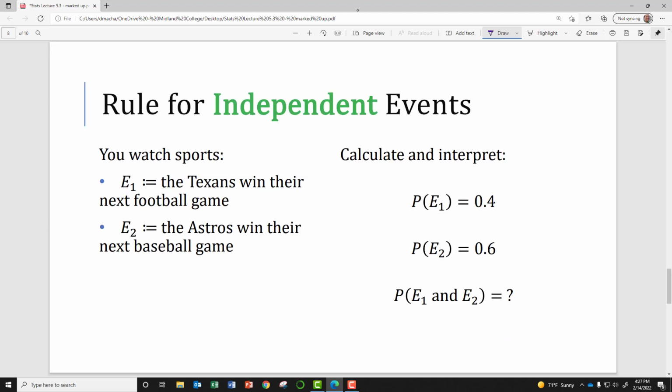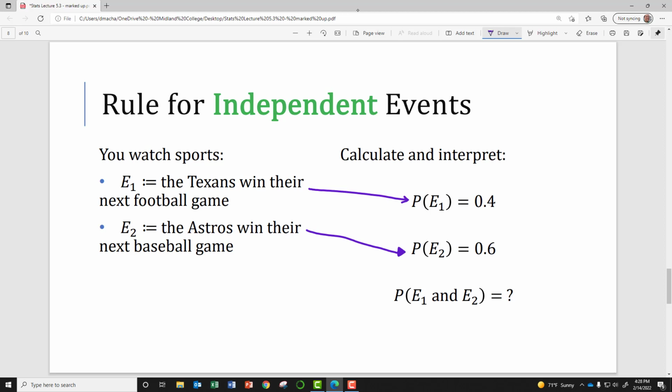New example. Again, suppose you watch sports, and let's say that the probability that the Texans win their next football game is 40%. And we'll say the probability that the Astros win their next baseball game is 60%. So if you want to know the probability that both of your Houston sports teams are successful here, we're just going to use that multiplication rule again.